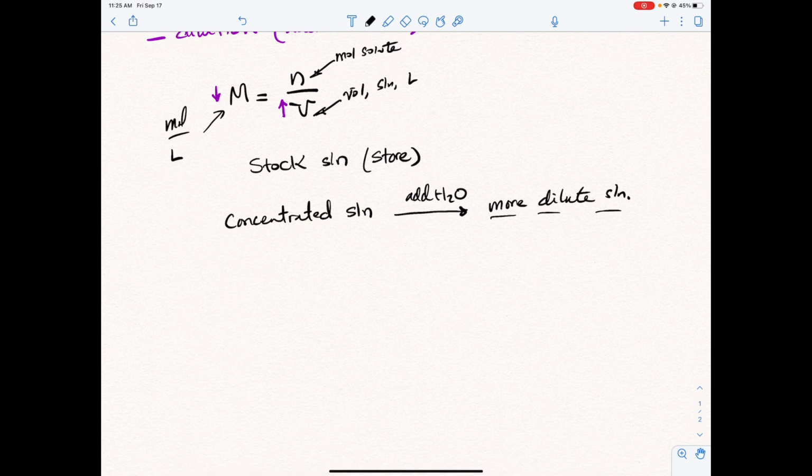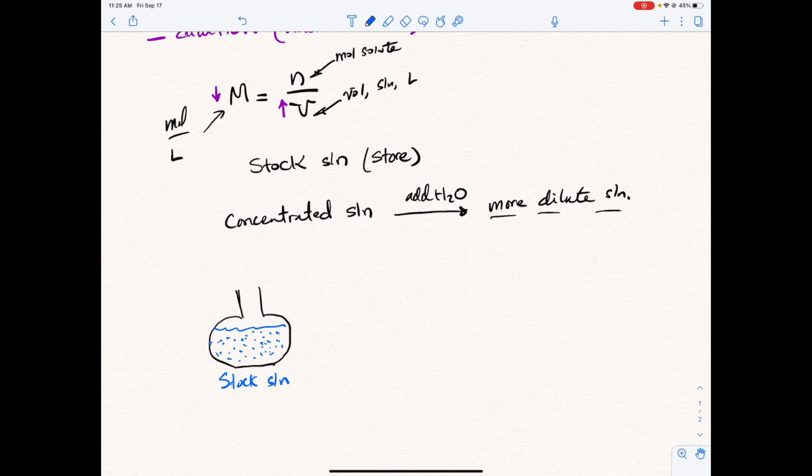So here you can see in a diagram that if you take a certain volume of more concentrated solution, and let's say that's water-based, and you have this solution called stock solution, it's more concentrated, and these are solute particles. We call it stock solution.